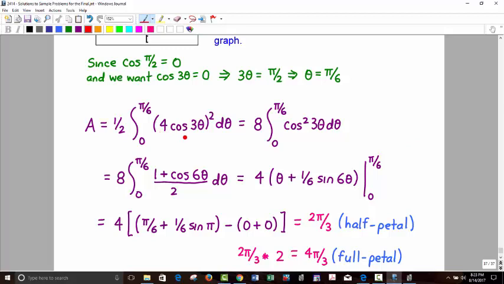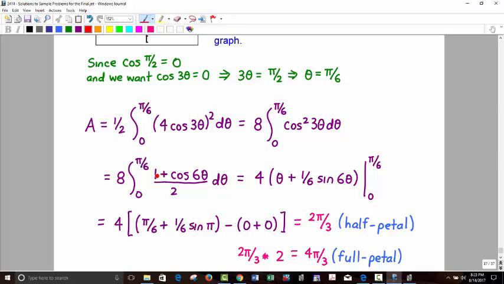So it's 1/2 times 4 cos 3 theta squared, which will give me 16 cos squared. The 16 with the 1/2 multiplied make 8. So it's 8 cosine squared. I will use that integrating identity for cosine squared of 3 theta, which will be 1 plus cosine of 6 theta over 2. So you bring the 2 out with the 8 to make that a 4.